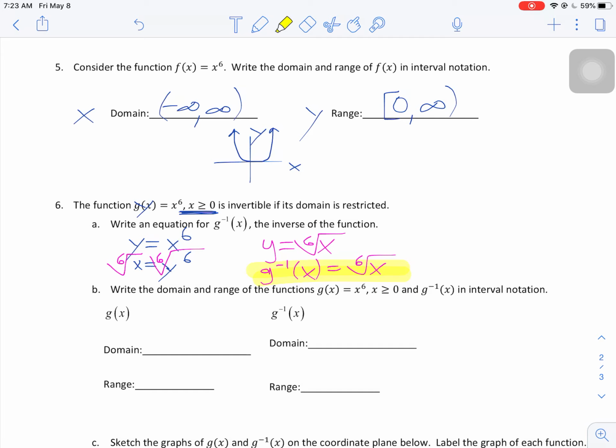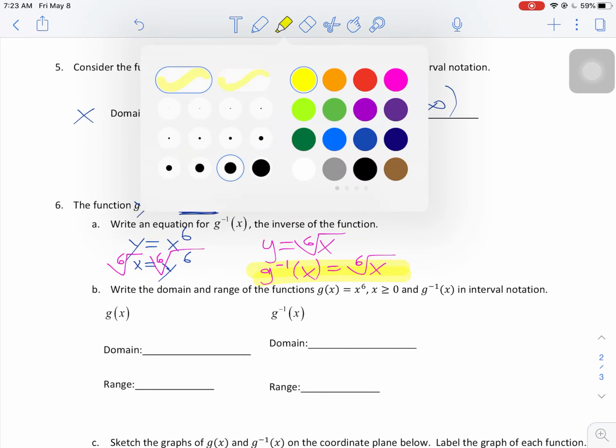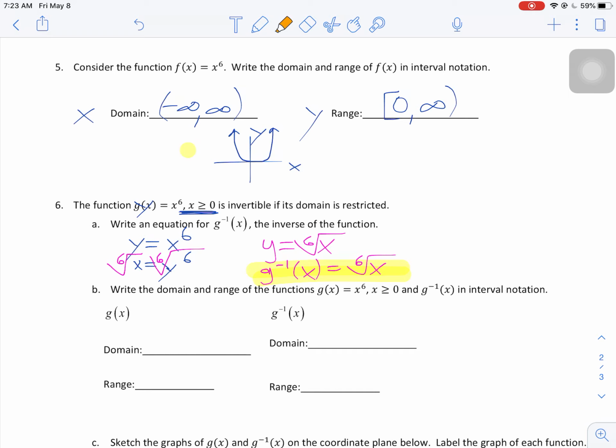Part B, write the domain and range of the functions g of x equals x to the 6th when x is greater than or equal to 0, and g inverse of x in interval notation. So if I look at my graph back up here, let's just look at the correct domain. They said the domain is going to be x greater than or equal to 0.